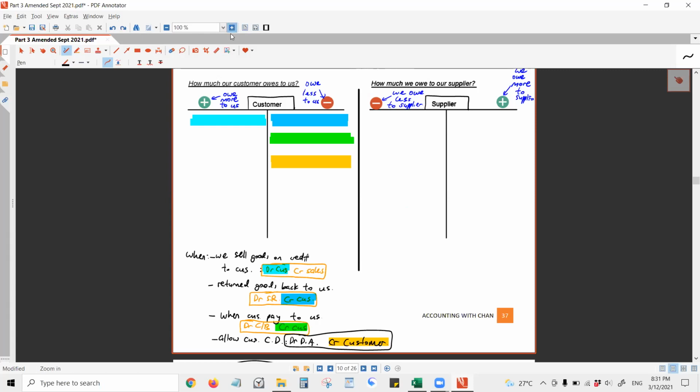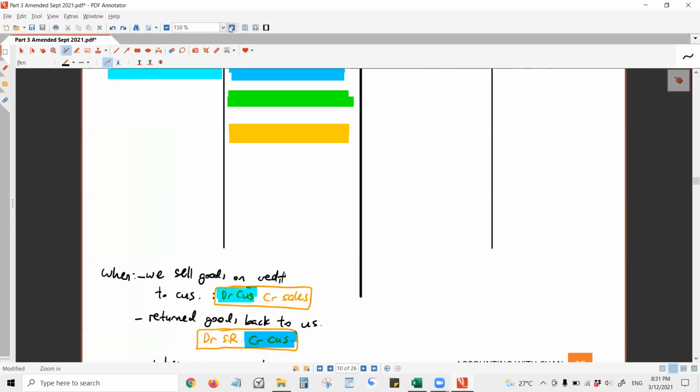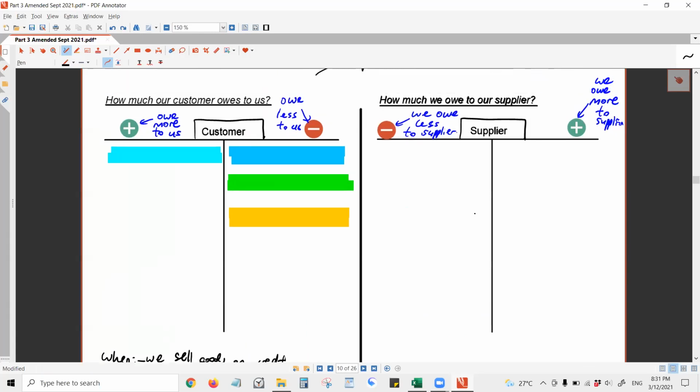When you are doing supplier account, it means that we are the customer. When we were looking at the customer account just now, we were the supplier. Okay, look at supplier's account. Again, let's come up with some transactions.